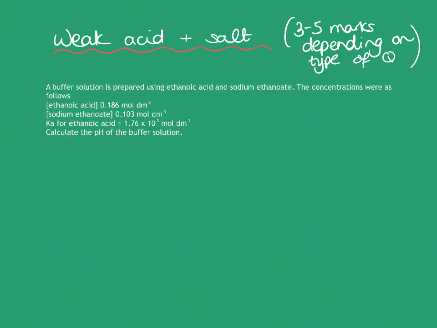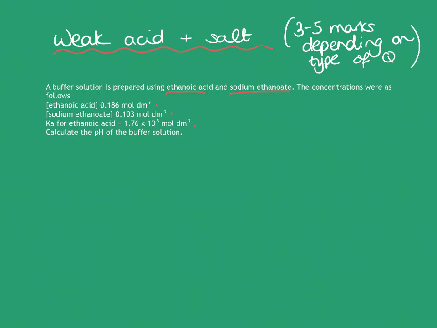So let's have a look at an example of this calculation, which I've written here. So we have a buffer solution, and we've been given the 2 species involved in the buffer solution, ethanoic acid and sodium ethanoate. So this is quite straightforward because we've been given the concentrations of each. So you've got a concentration of ethanoic acid and a concentration of sodium ethanoate and the Ka for the acid that is involved.